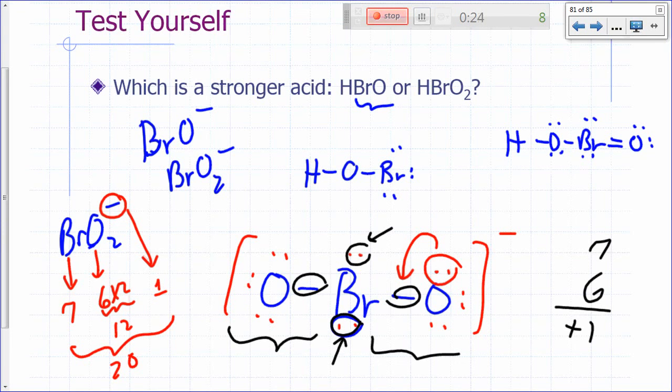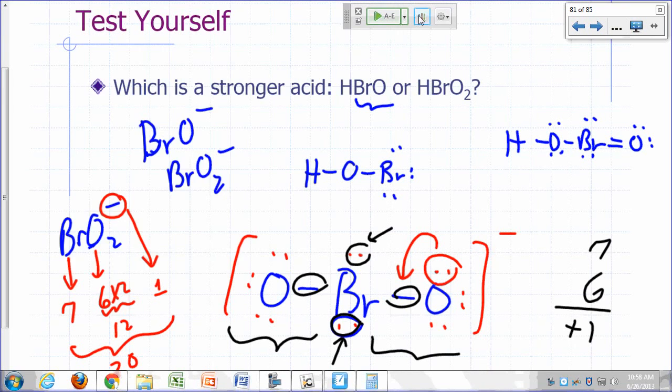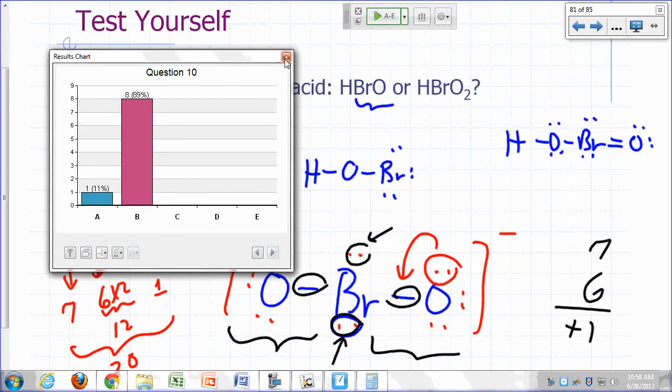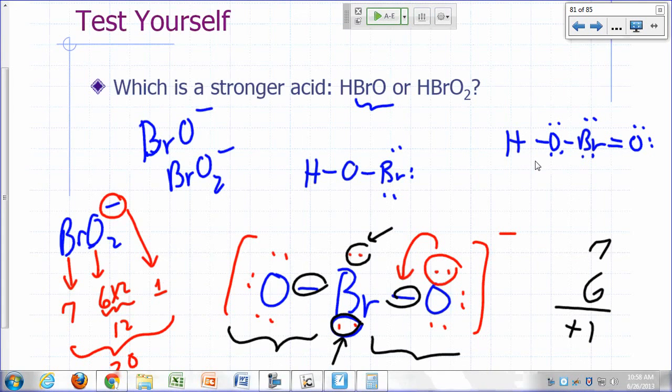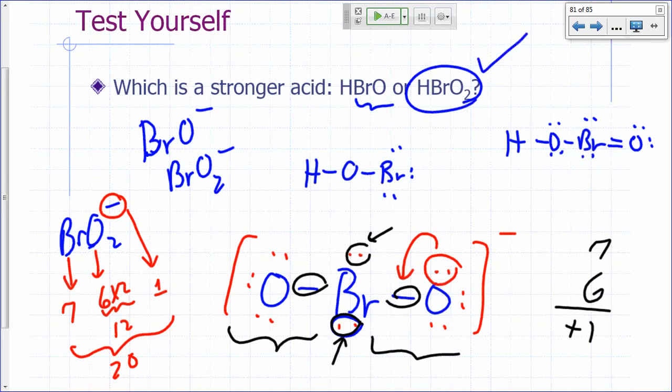Which one has a smaller charge density? Okay, so let's see. Very good. BrO2 minus is larger, smaller charge density. So BrO2 minus would be the weaker base, the more stable base. The weaker base, its conjugate would be a stronger acid.